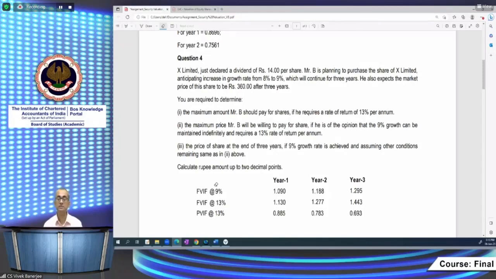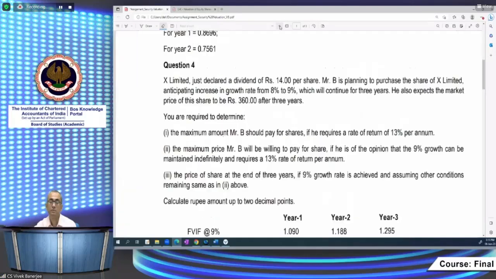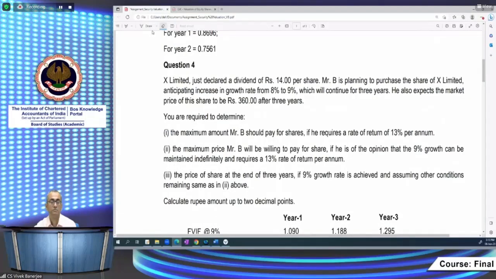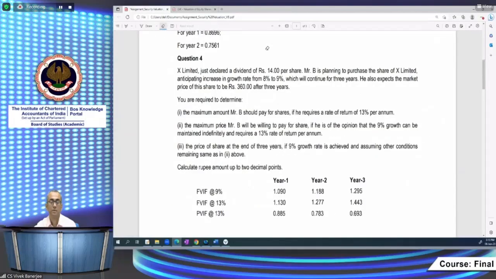Let us just understand this question number 4, and first of all try to make out how to proceed with the question, and then we will start solving it. The question number 4 in front of you. So just first read the question.